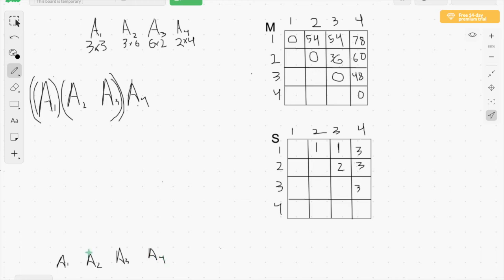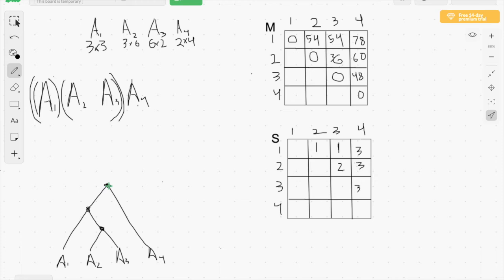So let's kind of draw in like a tree. So first, let's multiply A2 and A3 together. So that's the first. And then we'll take this result and multiply this with A1. So we can draw this here. And then from here, we can multiply all of that with A4.